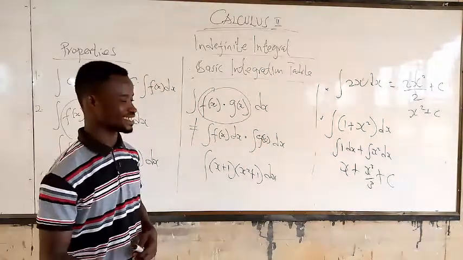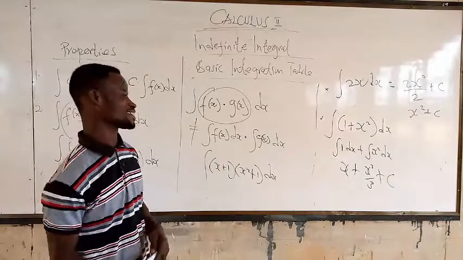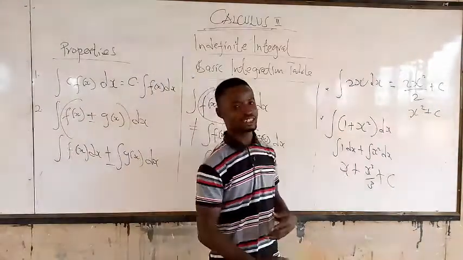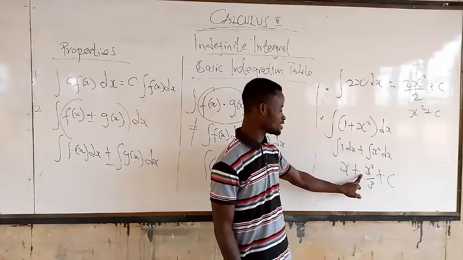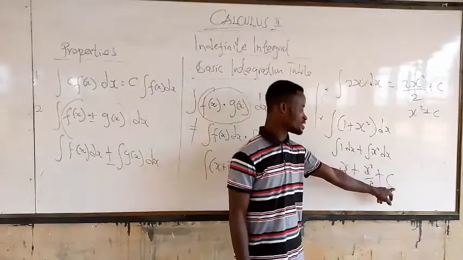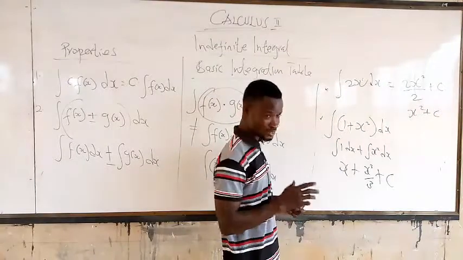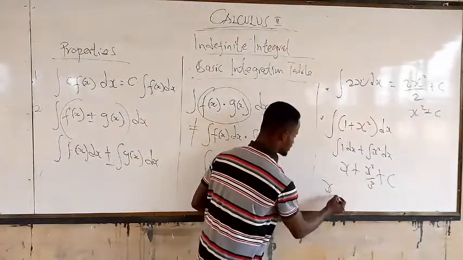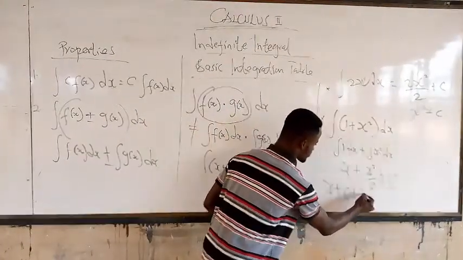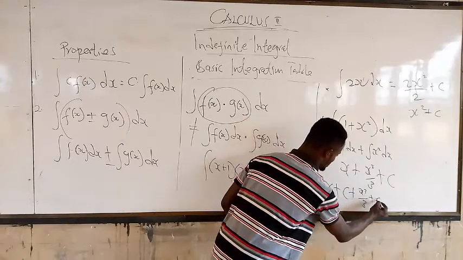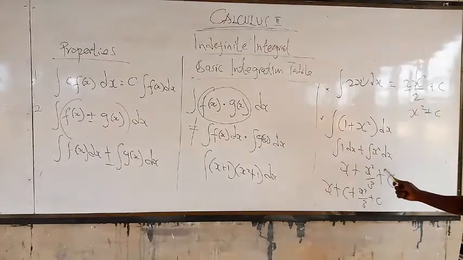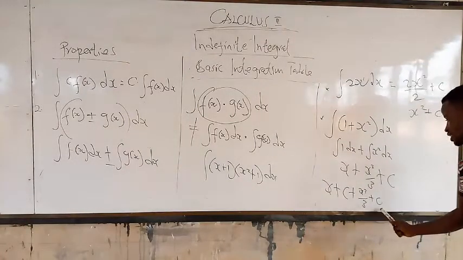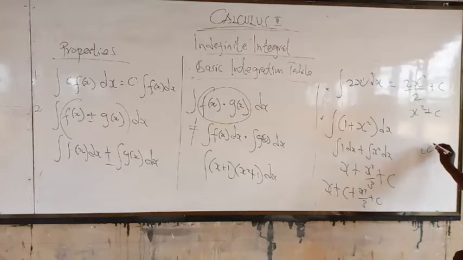Okay. Now, let me emphasize this. We are saying that when you do integration, we add constants. So someone may choose to add c here and another c here. But please, let's look at something. If you get s plus c, s to the power 3 over 3 plus c, you add c to c and you're going to get 2c.